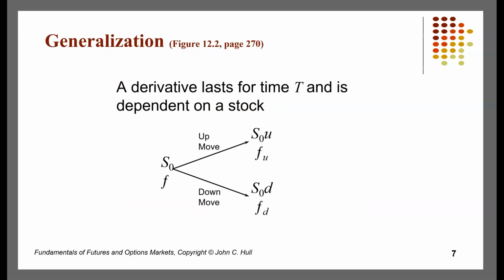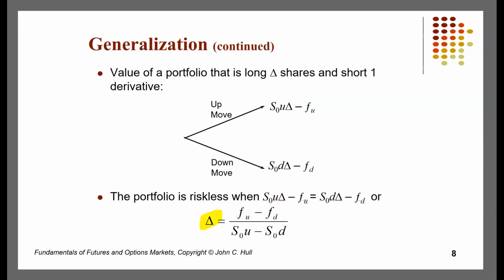And in the generalization here, what we essentially have is delta, which is equal to call up minus call down divided by stock up minus stock down. Now the idea here is that the stock grows by a factor of U if it increases, and the stock decreases by a factor of D. And so what we have here is the equivalent of call up minus call down divided by stock up minus stock down.